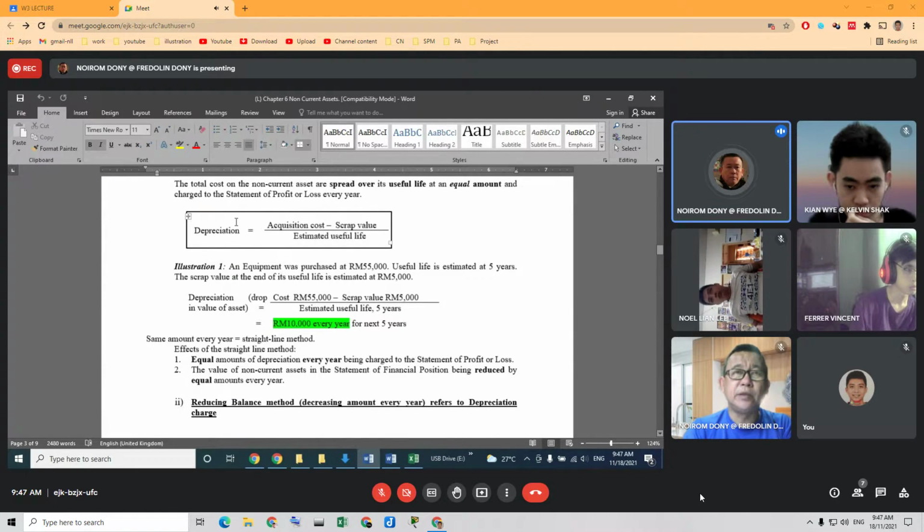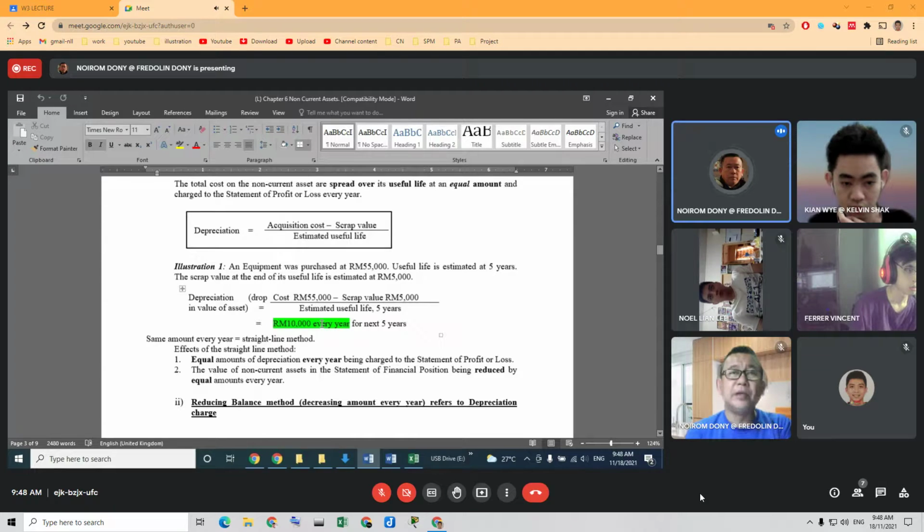So that depreciation will be the estimated expense, the reduction in value that is used in that particular asset. So depreciation is an expense, so we debit. So where is the credit? Debit depreciation 10,000, credit accumulated depreciation.